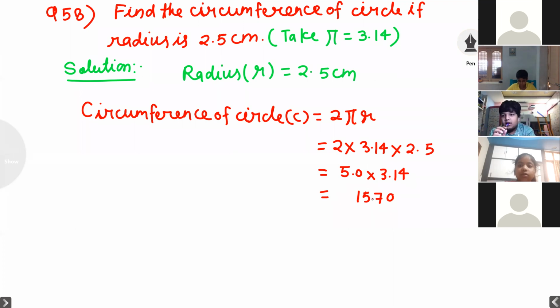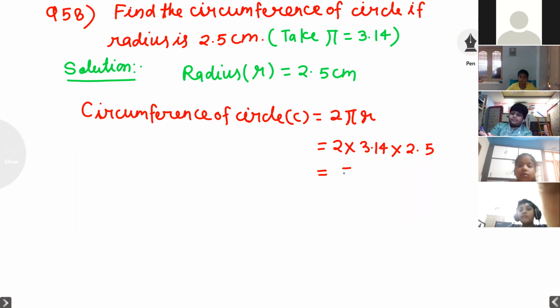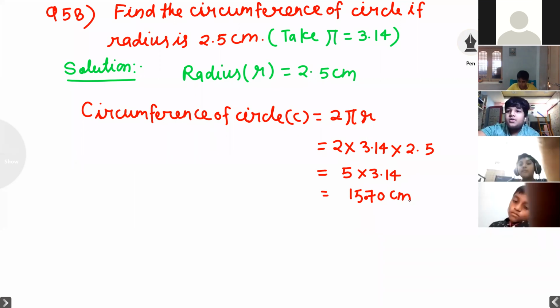Answer is 15.70 centimeter. Don't forget, student, to mention the units, because units are very, very important, student. 15.70 centimeter.